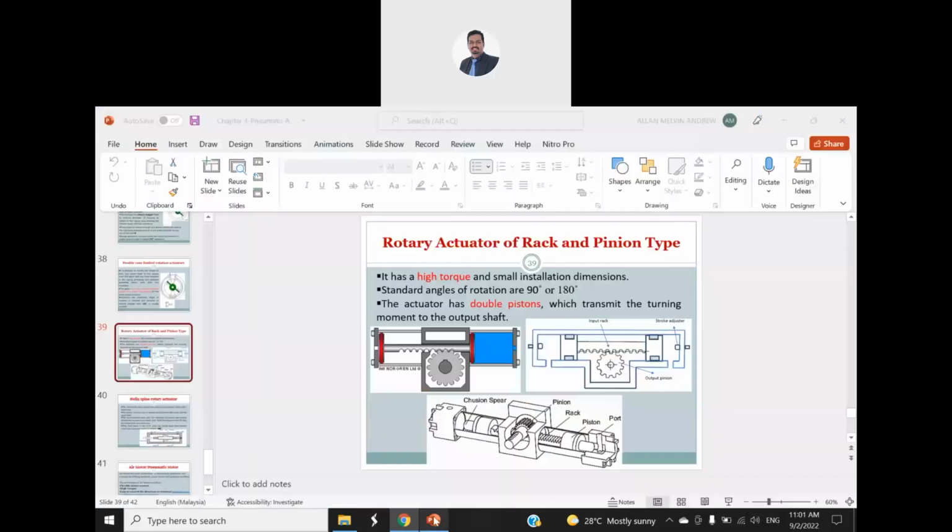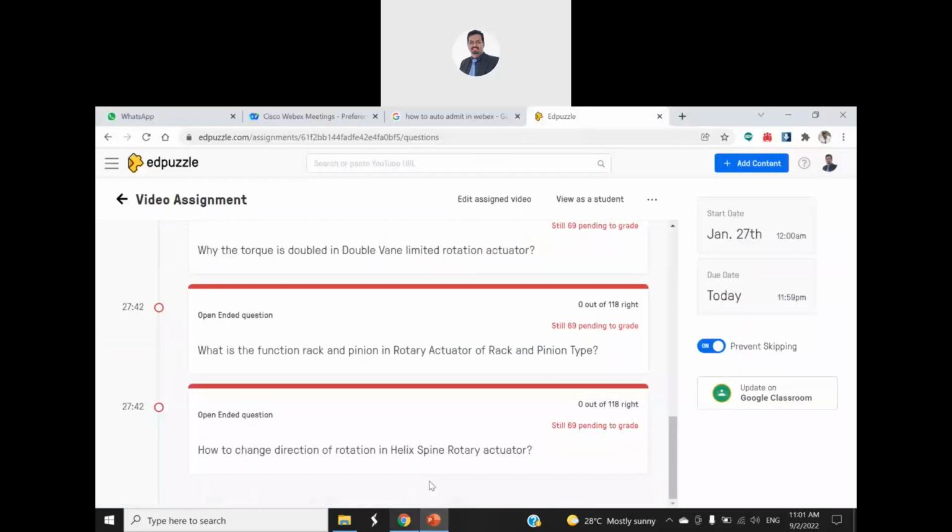But in pneumatic, this is how it functions. So rack and pinion is converting translational ataupun linear to rotational. Okay, so understand? Okay, understand, sir.